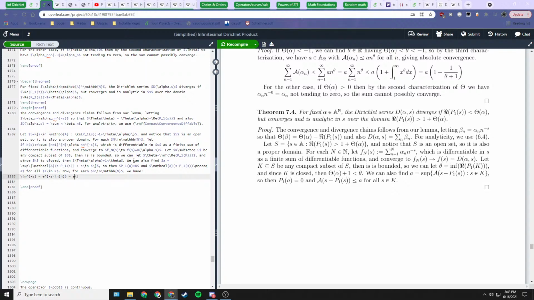Instead of n power negative s in the exponent, we'll do n power negative s minus P1 of s, and then plus P1 of s. No, minus P1 of s again. So this will be n to the power of negative P1 of s times n to the power of negative s minus P1 of s.